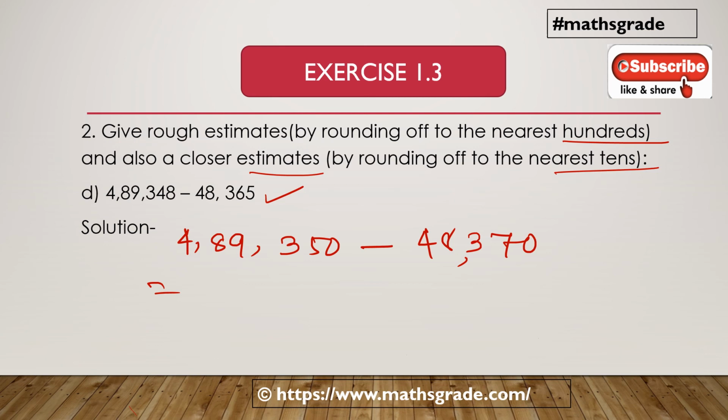Now subtracting these numbers: 0 minus 0 is 0, 5 minus 7 needs borrowing, 15 minus 7 is 8, 12 minus 3 is 9, then 8, 8 minus 8 is 0, 8 minus 4 is 4. 4,40,980. This is the answer.